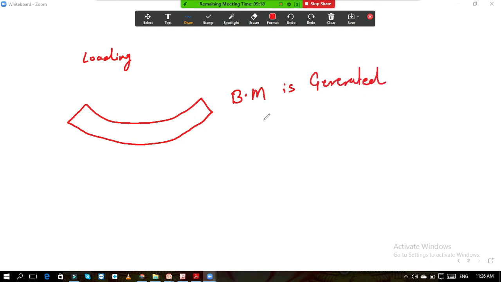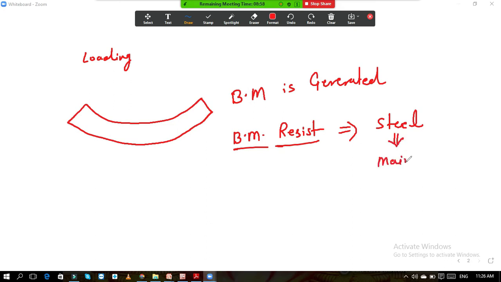To resist this bending moment, we provide steel in the slab, and that provided steel is known as main steel because we design that steel. Due to the loading, bending moment develops in the slab, and to resist it we provide steel, known as main steel.